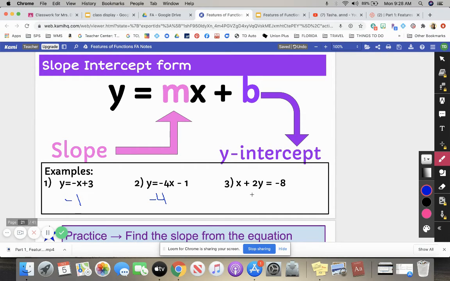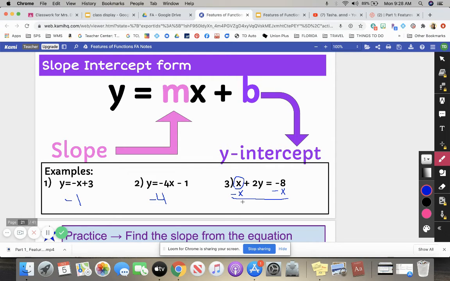Now we get to number 3. We need to move things around to make it look like our slope-intercept form. So I'm going to need to bring my x over, and I'm also going to need to figure out how to get my 2 over there. So first, because this is standing alone, I can bring this to the other side by subtracting.